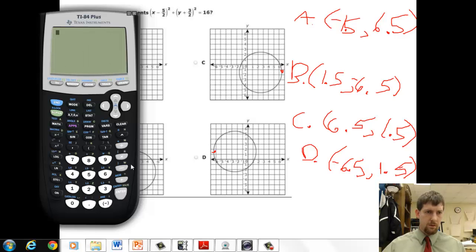So I have parentheses x, which was -1.5, minus 5 halves.